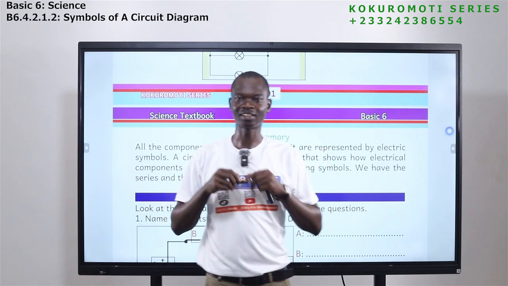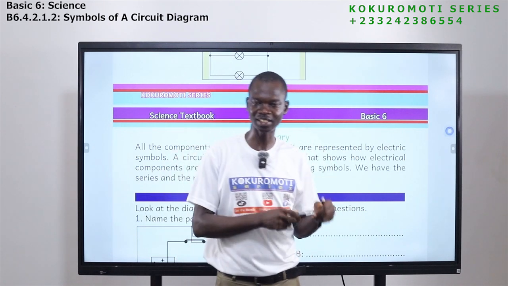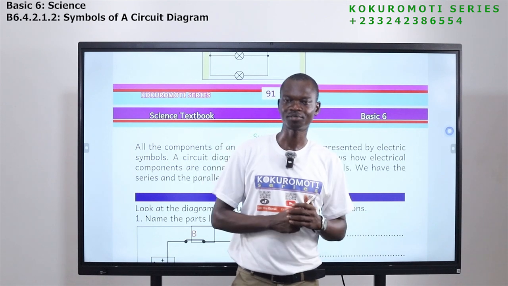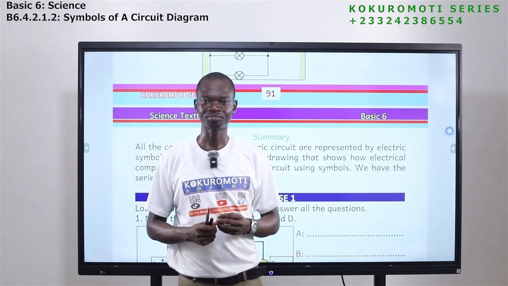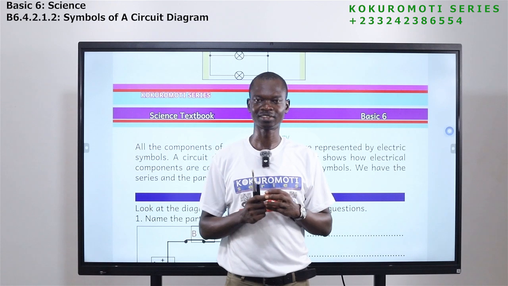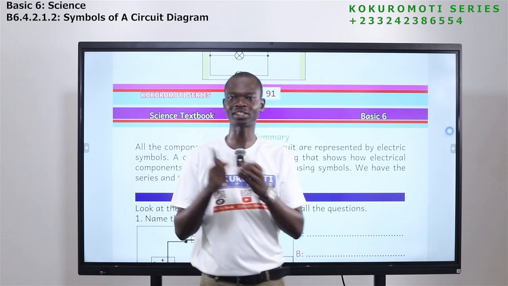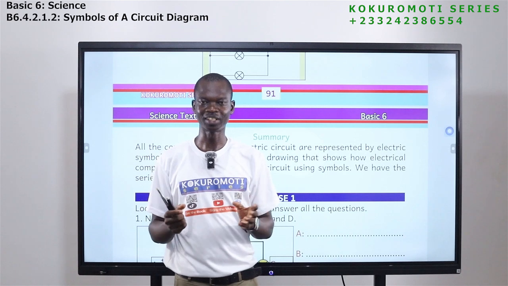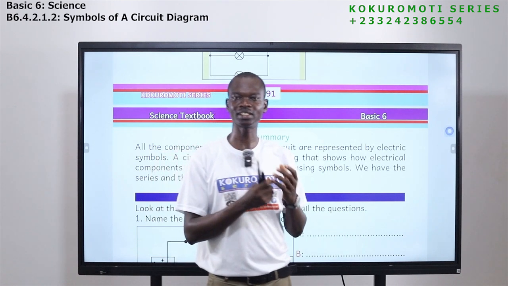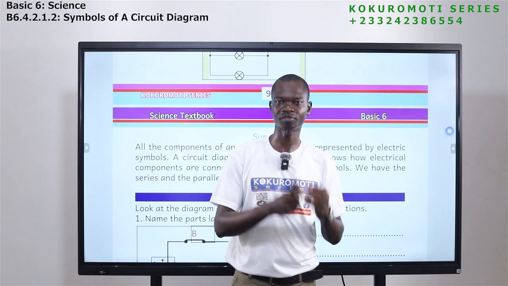In this lesson, we saw that we did not draw the actual components of the circuits. We use symbols for them, and we have seen the symbols for the basic parts or components of a circuit.